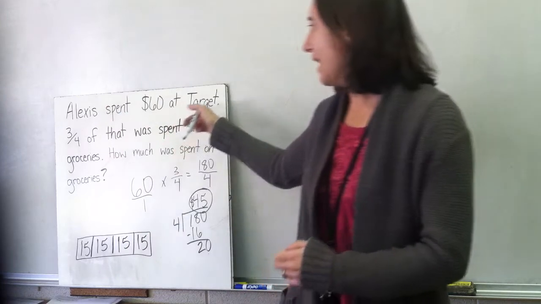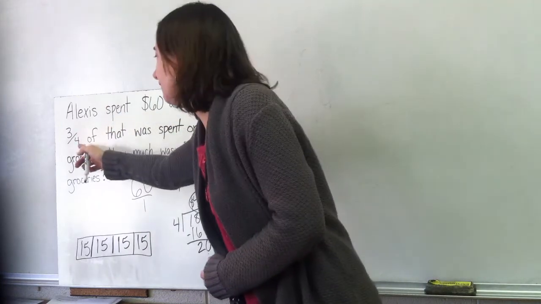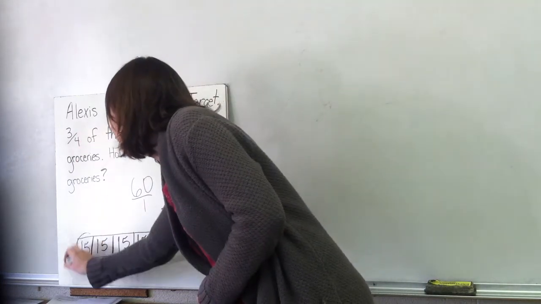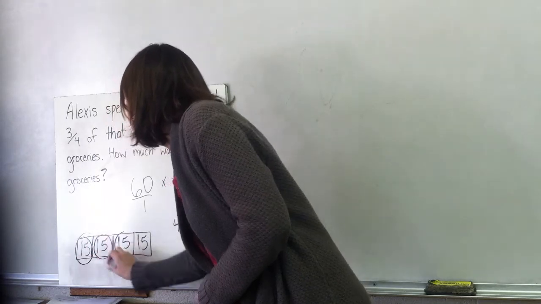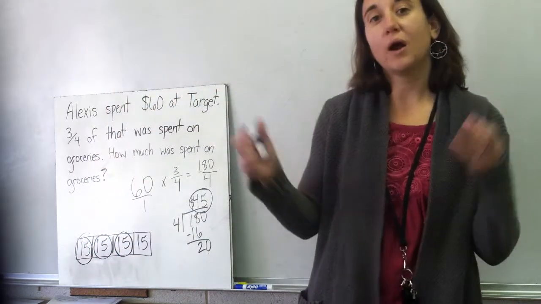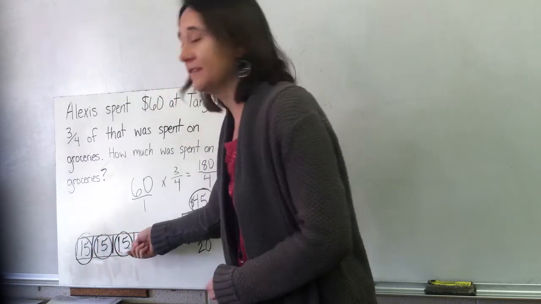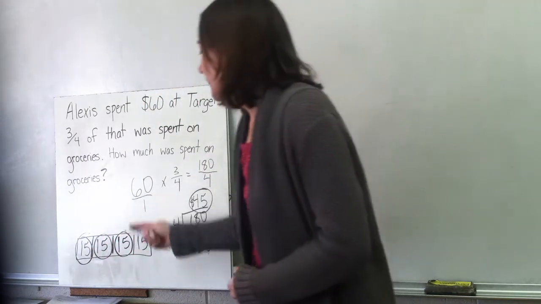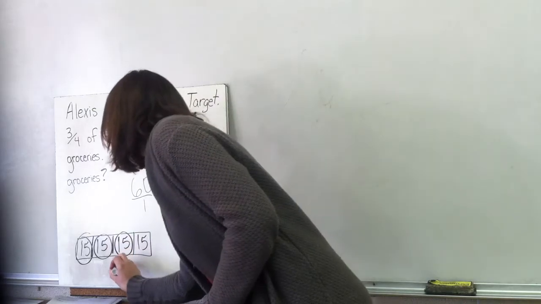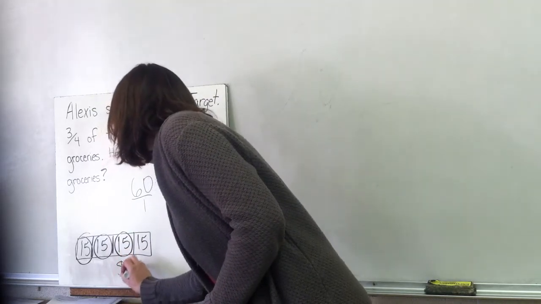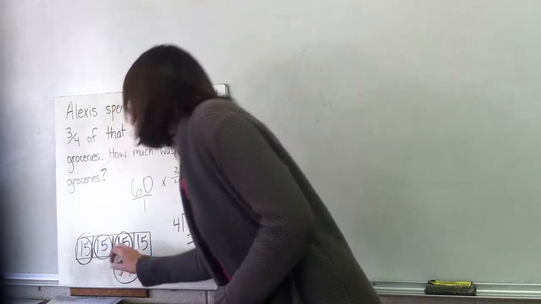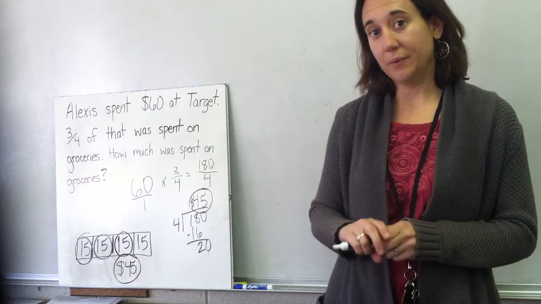And remember that Alexa spent 3/4, so 3 out of these 4 pieces on groceries. So that means 15 plus 15 plus 15, or 15 times 3, was spent on groceries. And of course we know that is 45. You can see that written down on your paper.